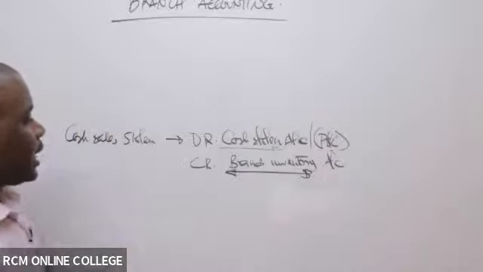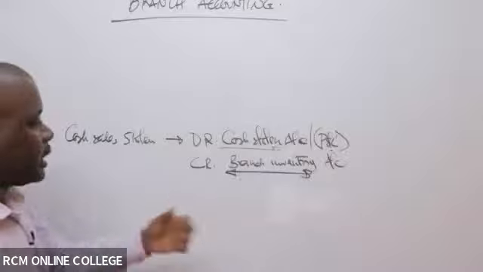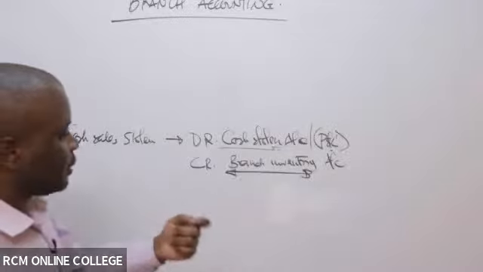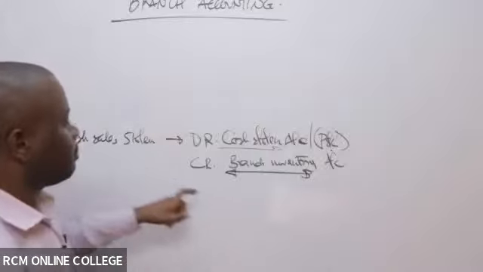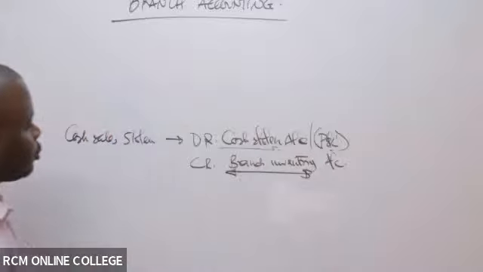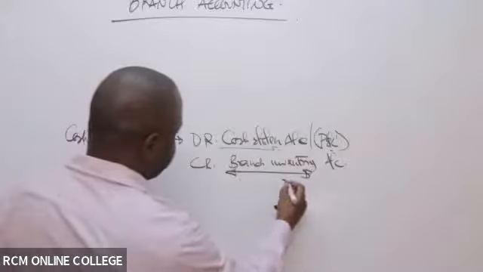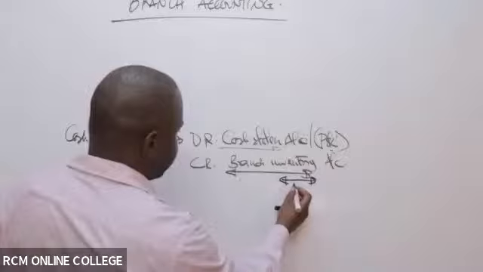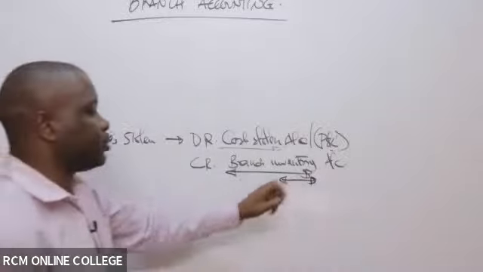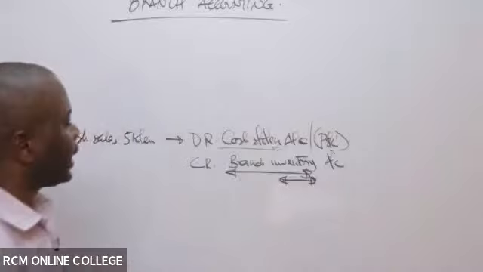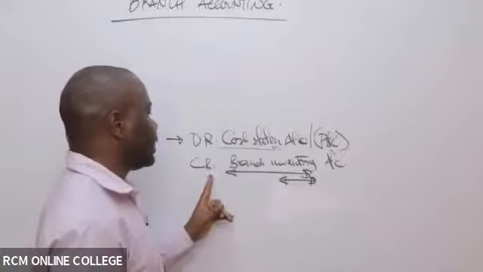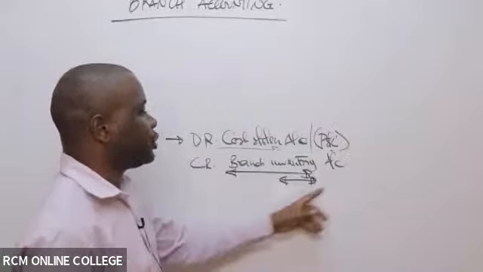It is an inventory that has gone out, but it's wasted. It will affect the branch inventory, because they sold it but lost the money. So it will reduce the branch inventory account.